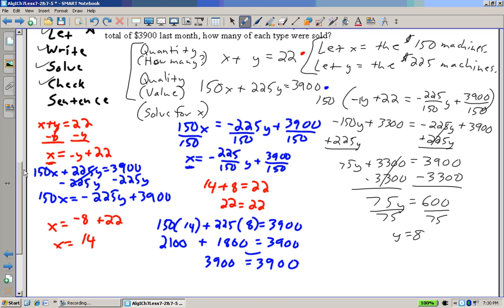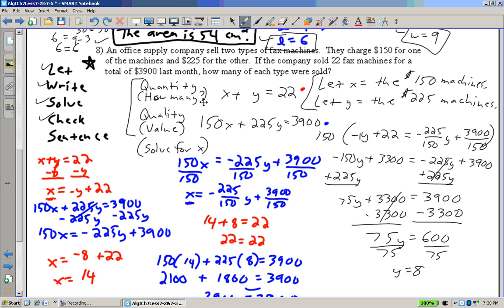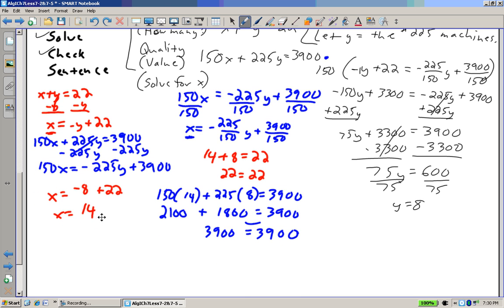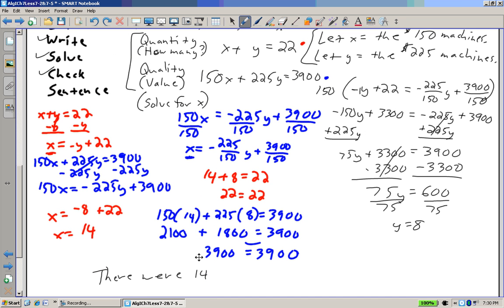Now we need to go back and put our sentence. Now they wanted to know how many of each type were sold. Well, it should be simple enough. There were 14 of the, let's see, that's the $150 machines.